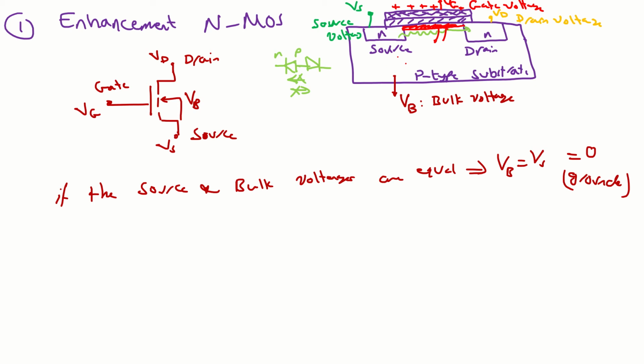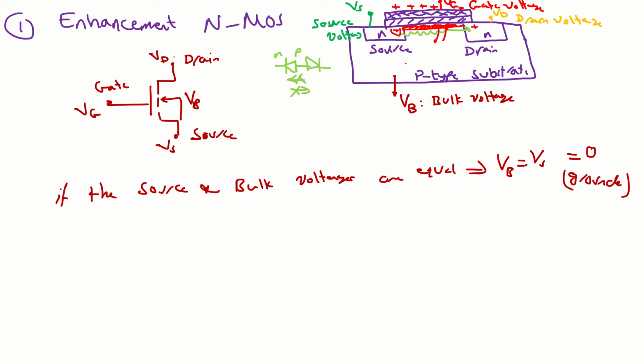Now the second question, the electrons are negative, okay? Now to attract the electrons from the source to the drain, do you think we have to apply a positive voltage at the drain with respect to the source or negative voltage? Think about it. Now if we put positive voltage here, it will attract the electrons. That means there will be current.